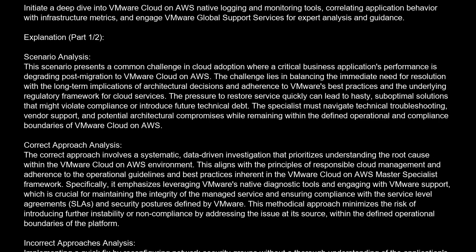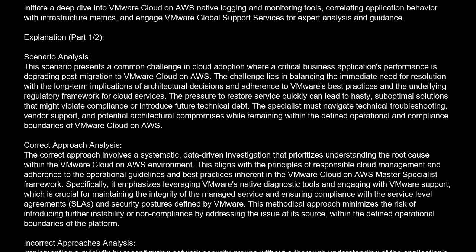The pressure to restore service quickly can lead to hasty, suboptimal solutions that might violate compliance or introduce future technical debt. The specialist must navigate technical troubleshooting, vendor support, and potential architectural compromises, while remaining within the defined operational and compliance boundaries of VMware Cloud on AWS.